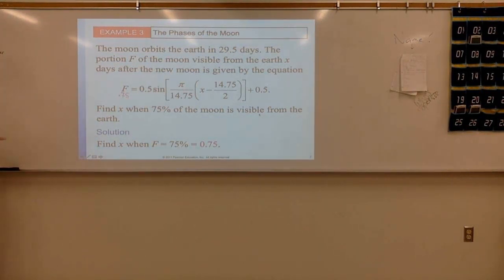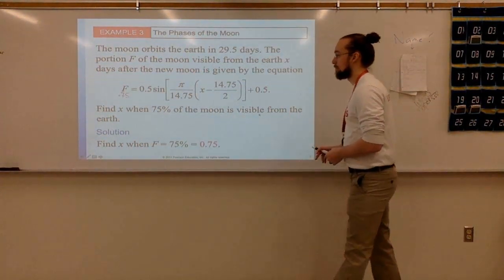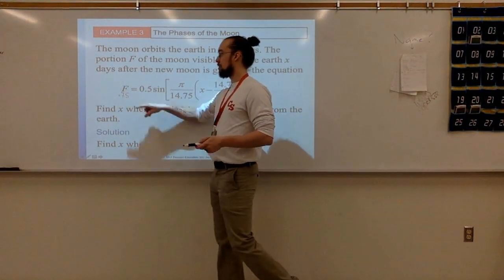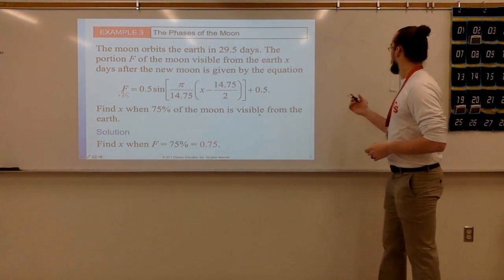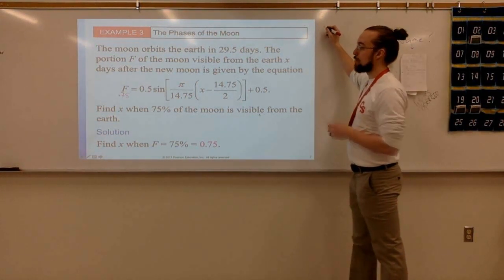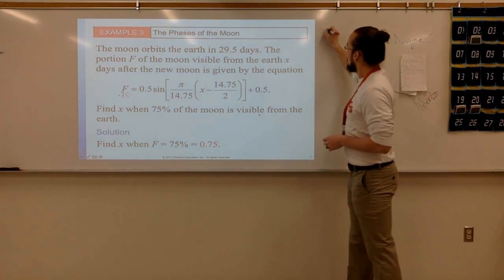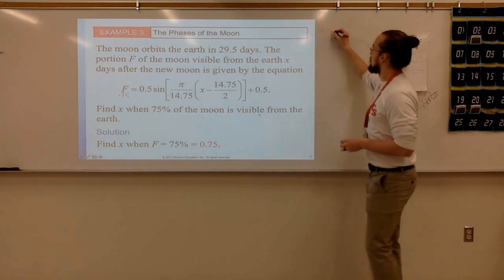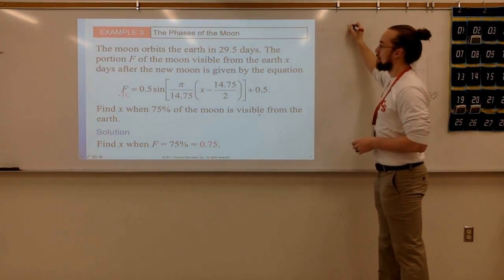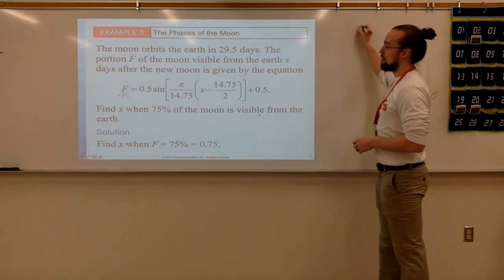So what would the first thing I need to do here be? Subtract the 0.5 over. So I think I'll have enough room over here. If I subtract the 0.5 over, we'll be at 0.25 equals 0.5 sine of pi over 14.75.